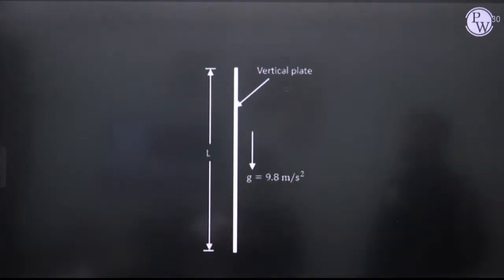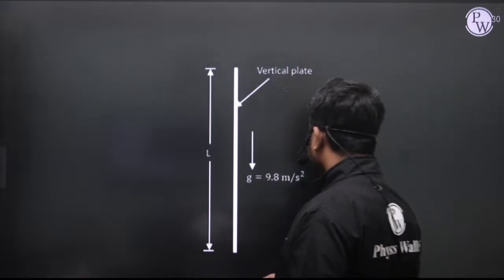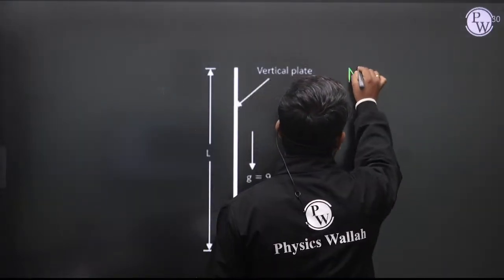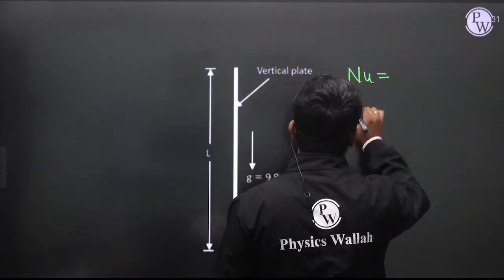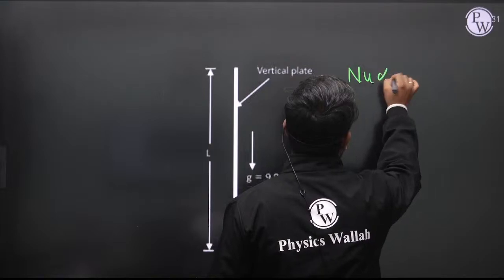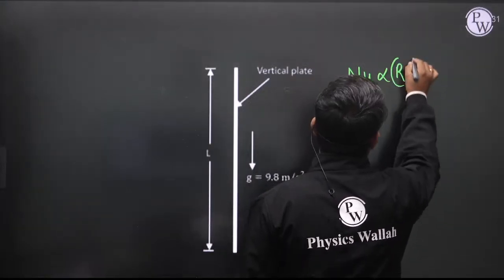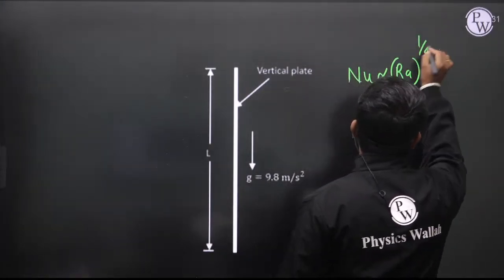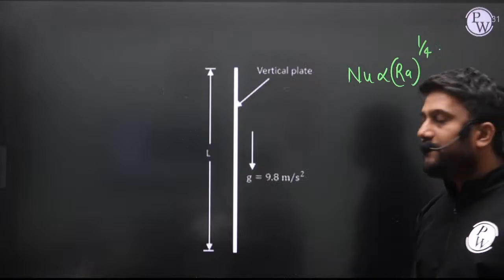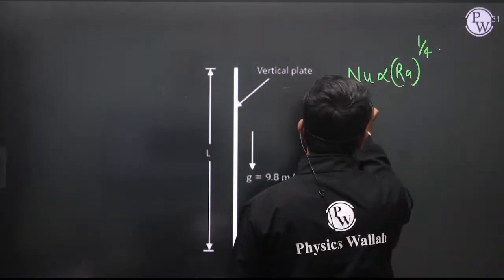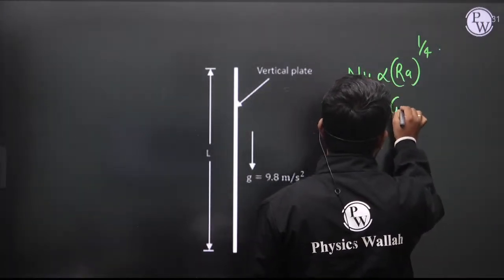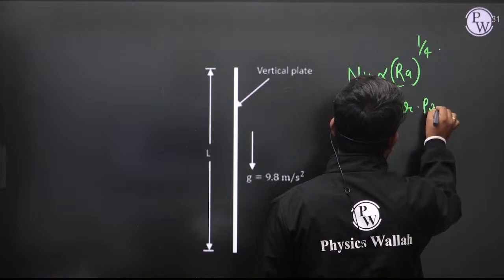Okay, and this is the vertical plate. In this problem, it is clearly mentioned the Nusselt number is directly proportional to Rayleigh number to the power 1 by 4, and Rayleigh number is the product of Grashof number and Prandtl number.